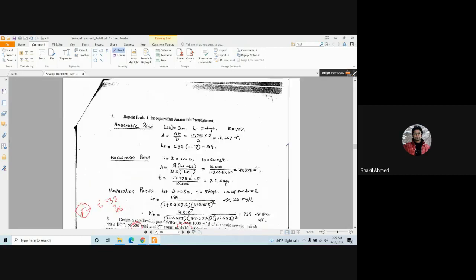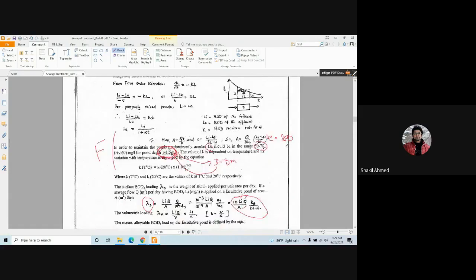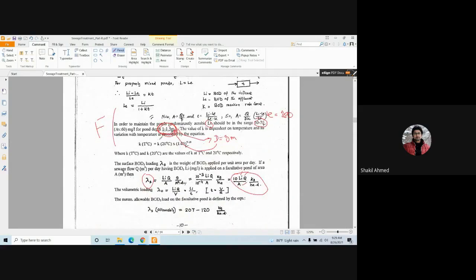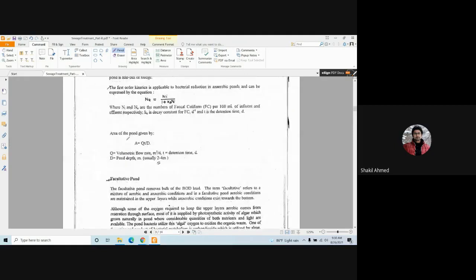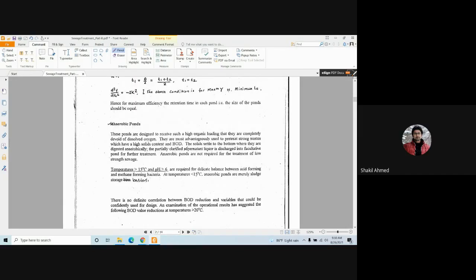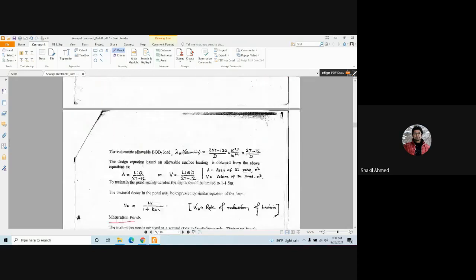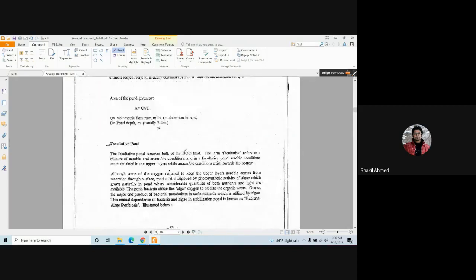Clear? This is our facultative pond, right?